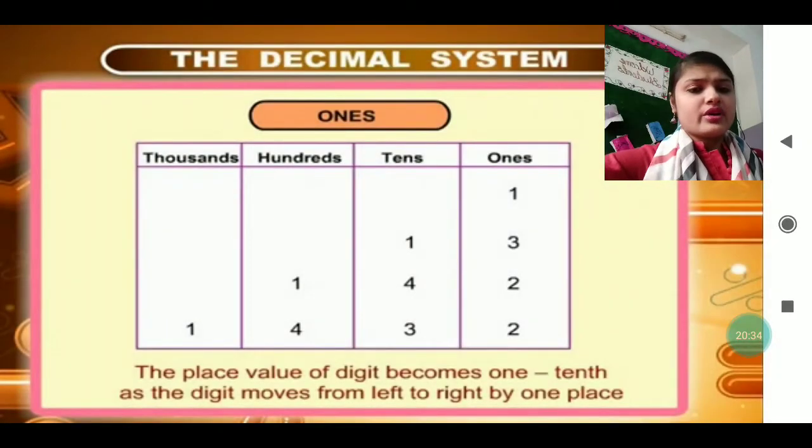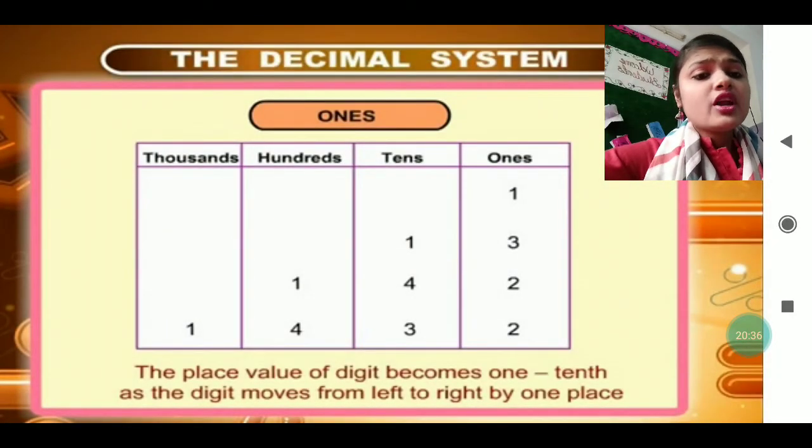In the similar way, you can see what is written. The place value of a digit becomes 1 by 10 as the digit moves from left to right by one place. We have written 1 by 10 into 1000, 1 by 10 into 100. That only it is saying, that the place value of a digit becomes 1 by 10 as the digit moves from left side to the right side.